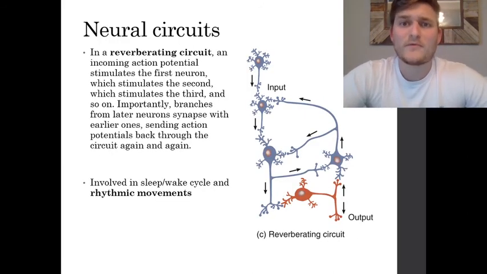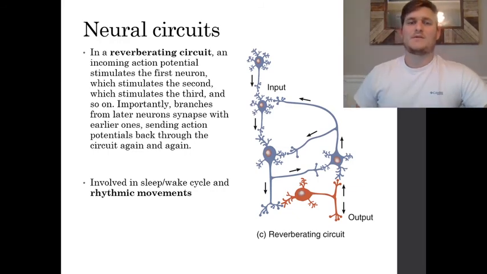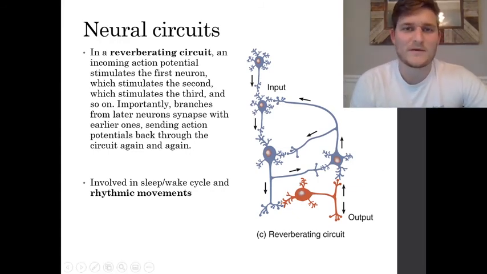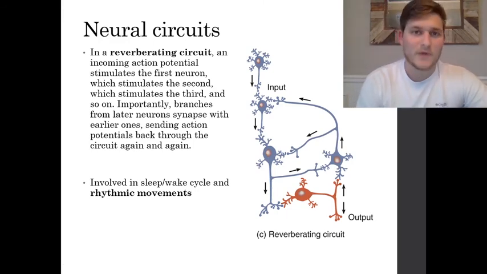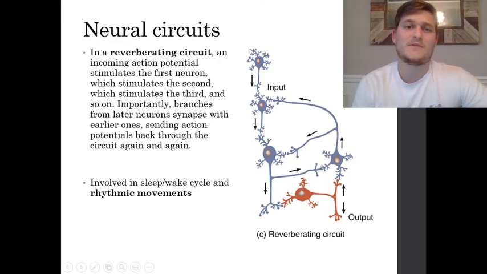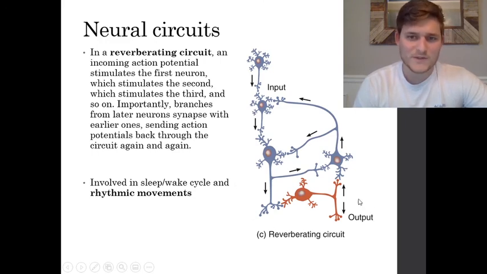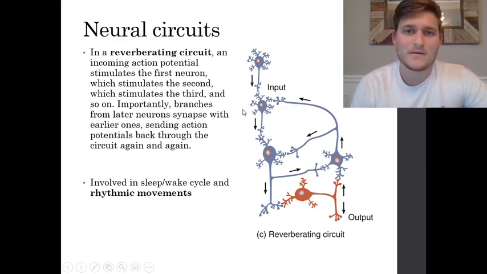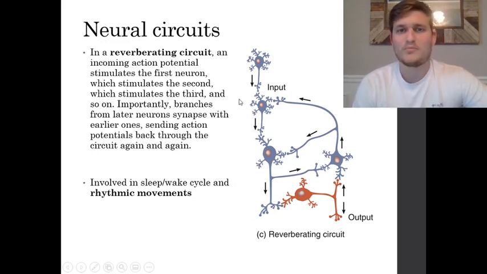A reverberating circuit is a circuit that's commonly used in repetitive motions, such as locomotion, so walking or running. So neurons are going to fire and signal down this circuit, but then there are basically checks in communication where neurons later on down the circuit can regulate firing in previous neurons.